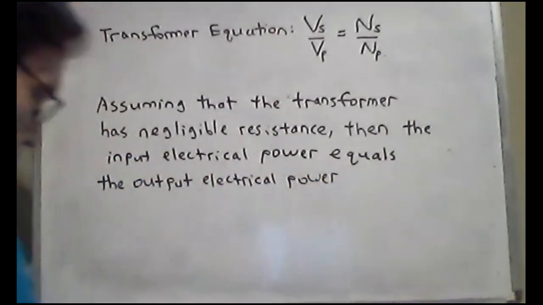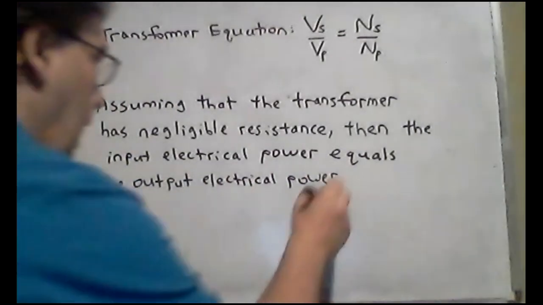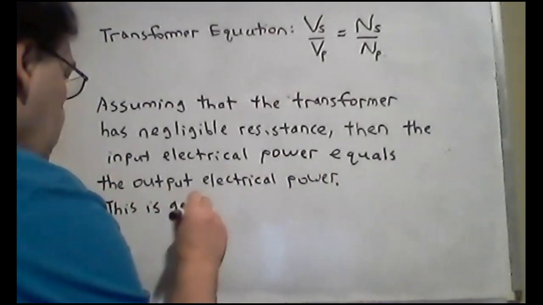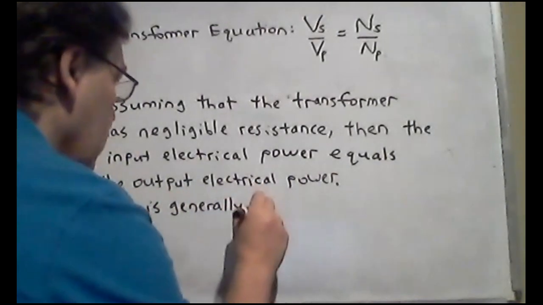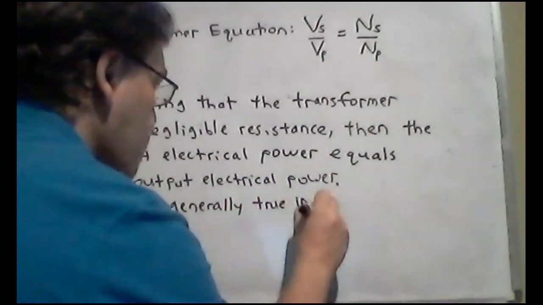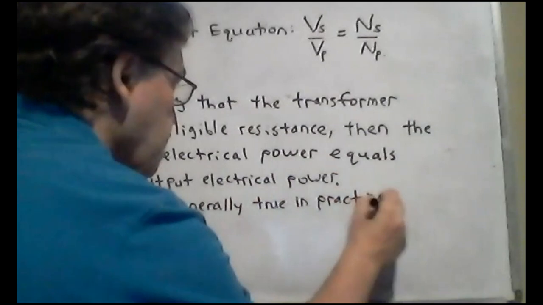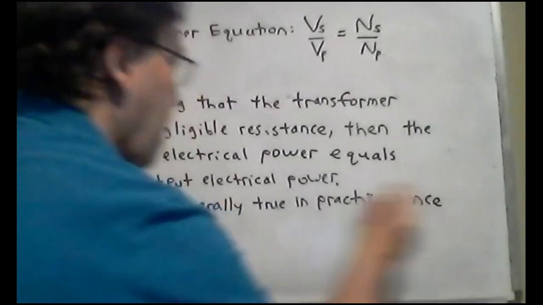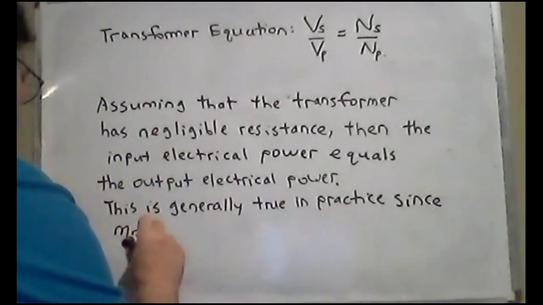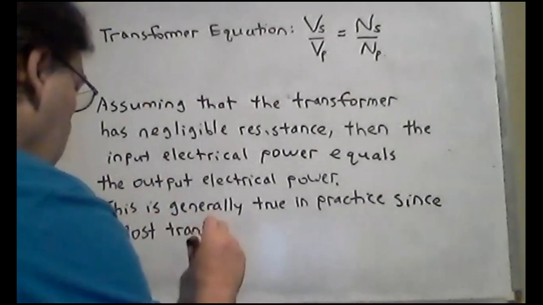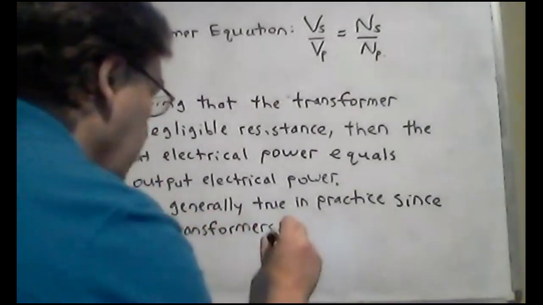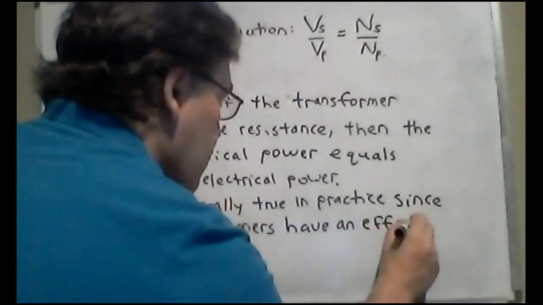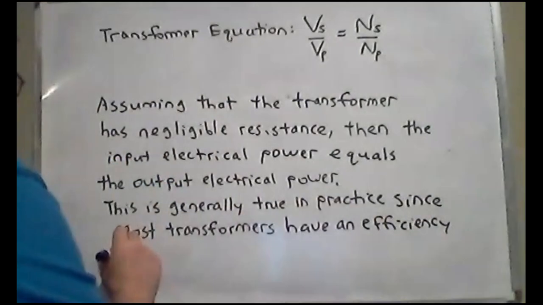We can minimize power losses, and this is generally true in practice. Most transformers have an efficiency that exceeds 99%.